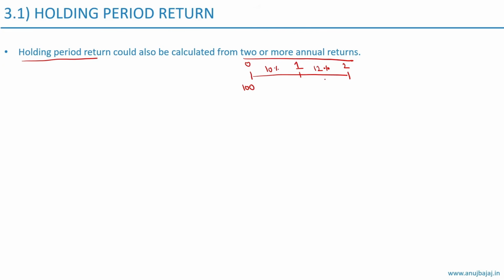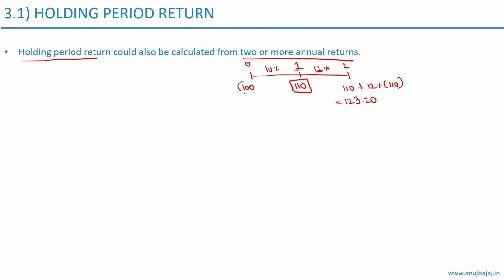So the value at the end of year 1 will be 100 plus 10%, which will be 110. Now on this value of 110, he earned a return of 12% during the second year. So the value will be 110 plus 12% of 110, which will be 123.20.